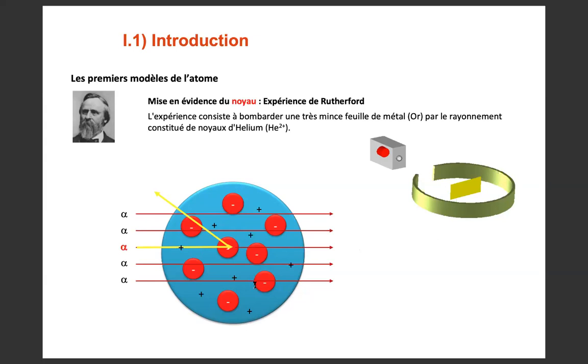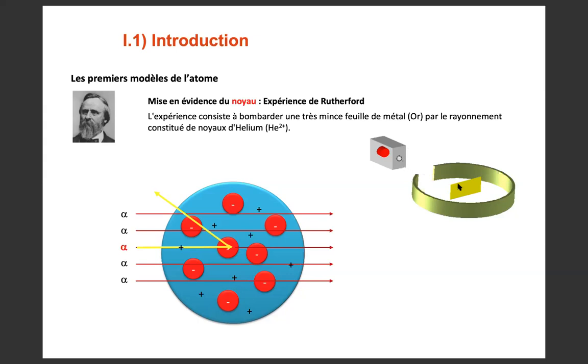So it was found that when he subjected the metal to the alpha radiation, it was deflected. The nucleus of the atom was the one that deflected the radiation. He found that the nucleus and the alpha particle had interacted.